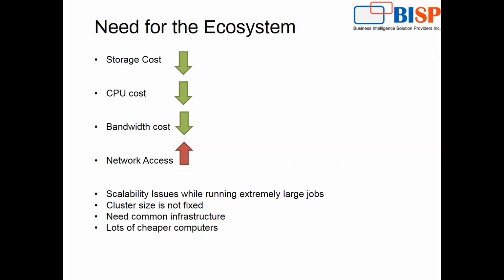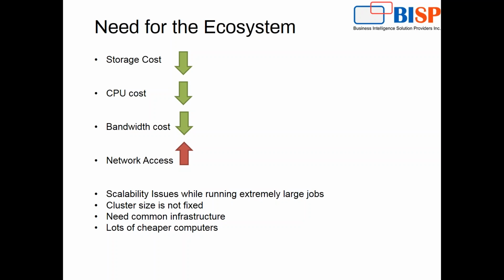Also, people couldn't scale properly in traditional databases. So we are talking about the need for an ecosystem. First are the points which I mentioned: storage, CPU and bandwidth costs went down, network IO cost went up, and the big data cluster should be scalable.